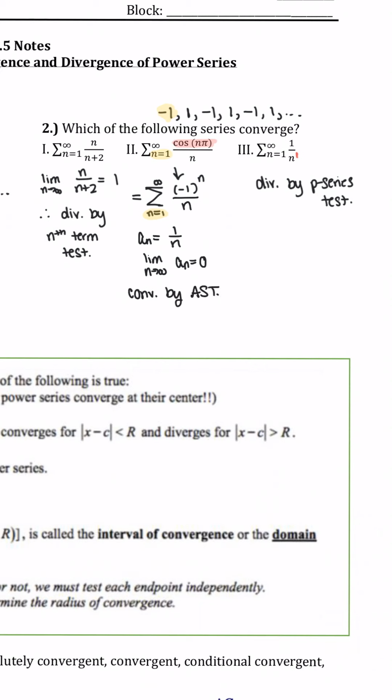But now let's consider absolute convergence. Consider the sum from n equals 1 to infinity of the absolute value of -1 to the n over n. Here, that would ditch my alternation, and I would just be left with 1 over n for my rule, which I know diverges by the p-series test.